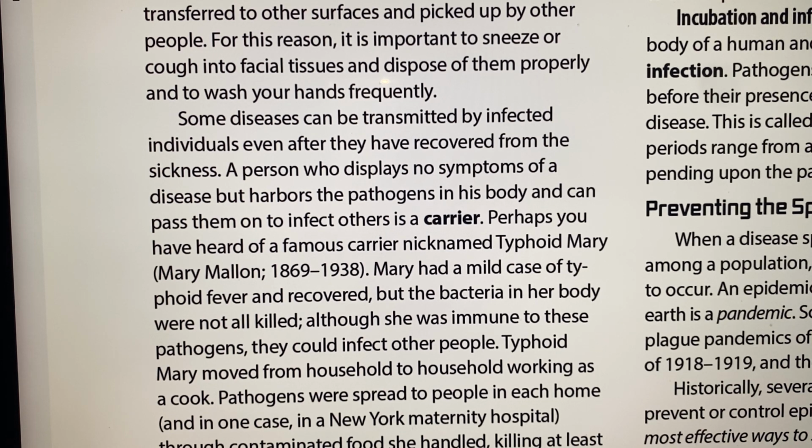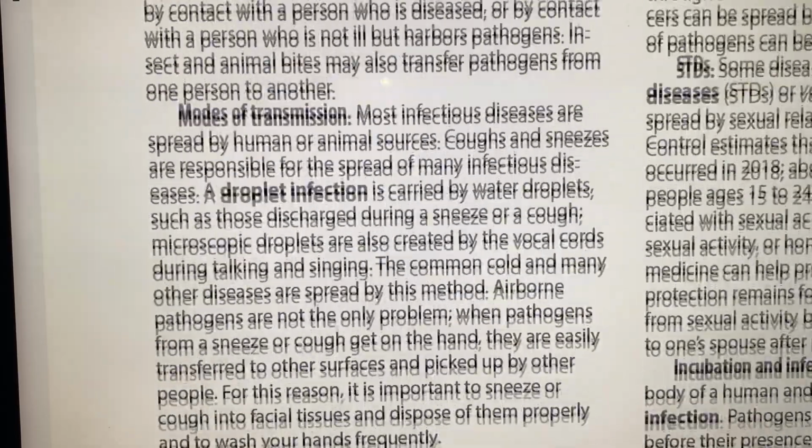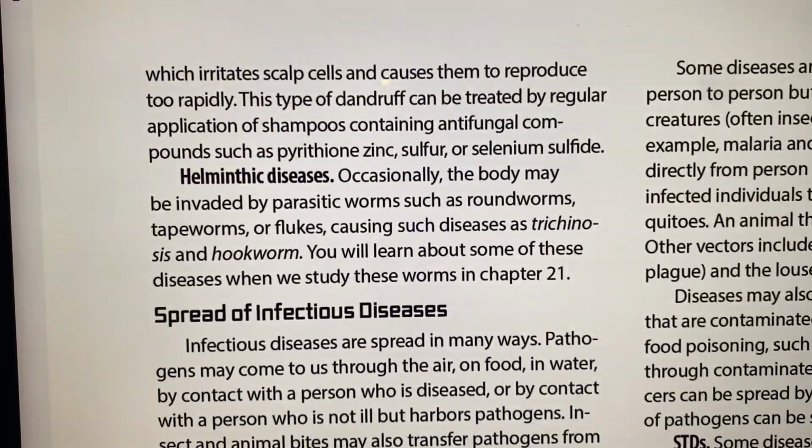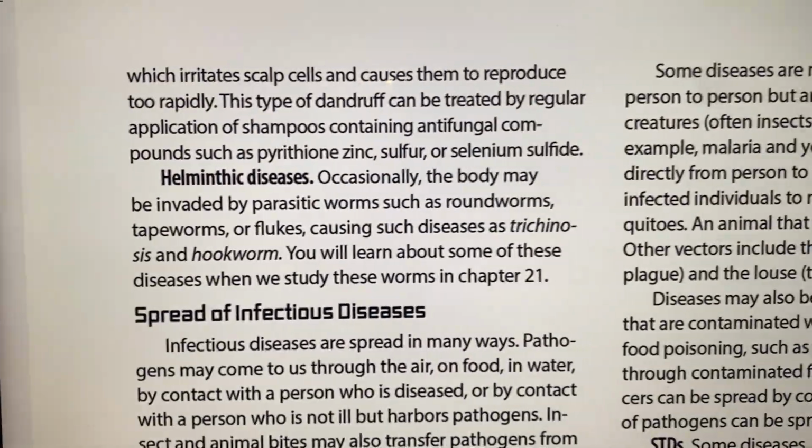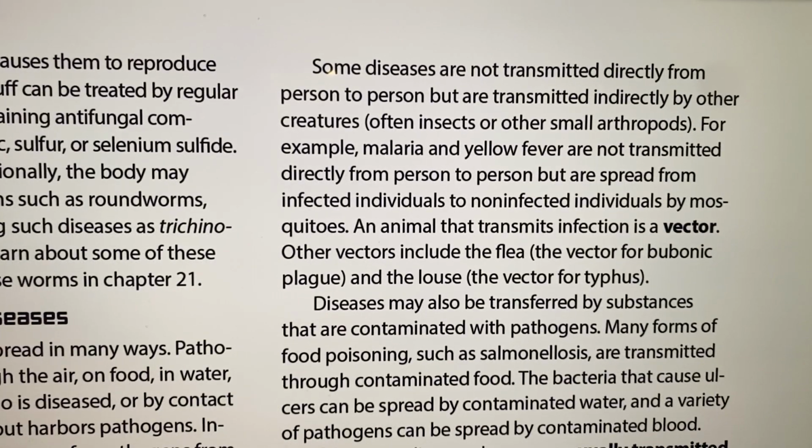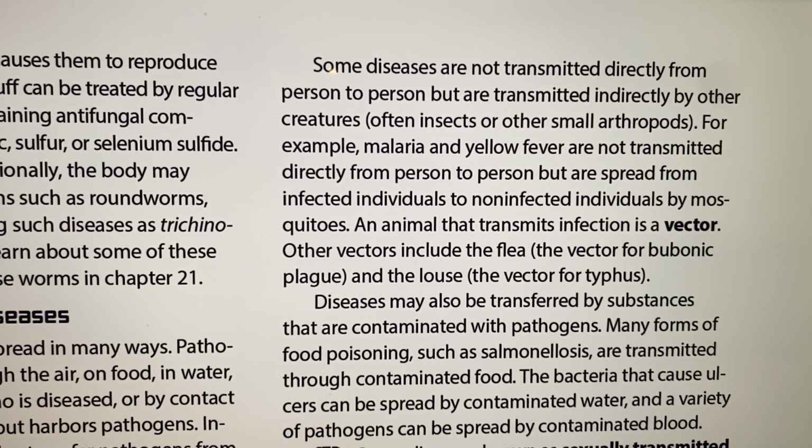There's also indirect transmission by insects. Malaria is transferred by what? Mosquitoes, right? So a mosquito is a vector. Whenever you have an animal or an insect that transmits disease, it's called a vector. Also, yellow fever is another one carried by mosquitoes.